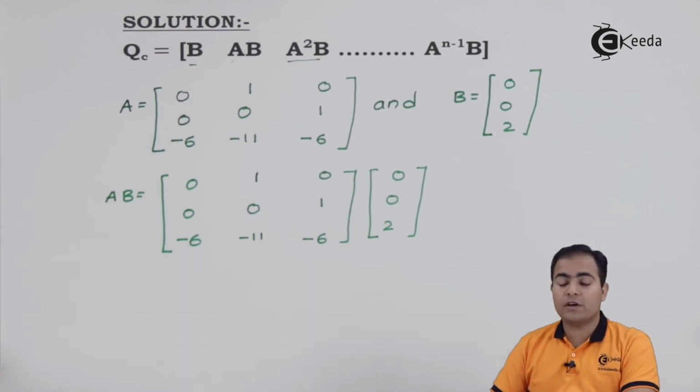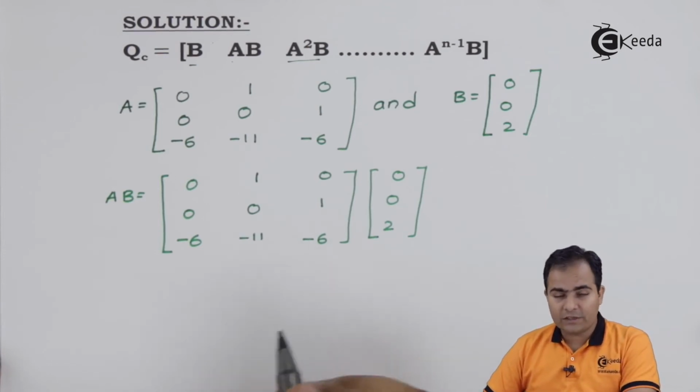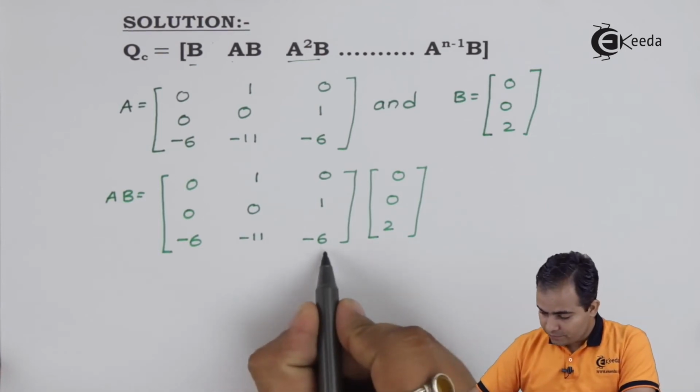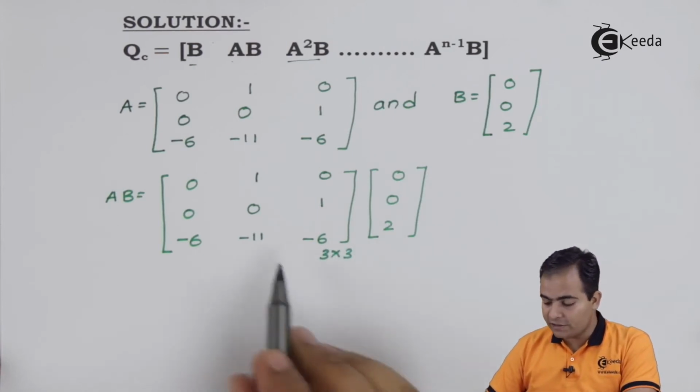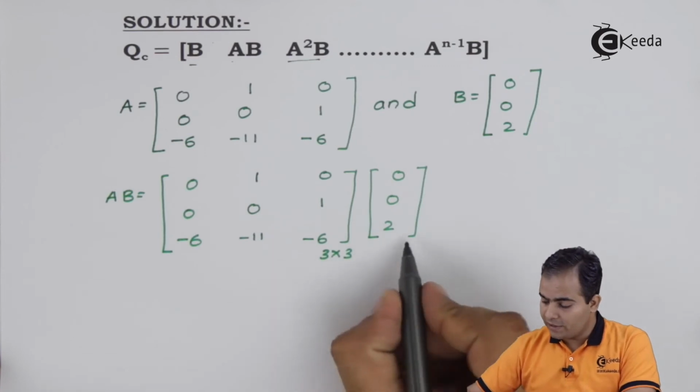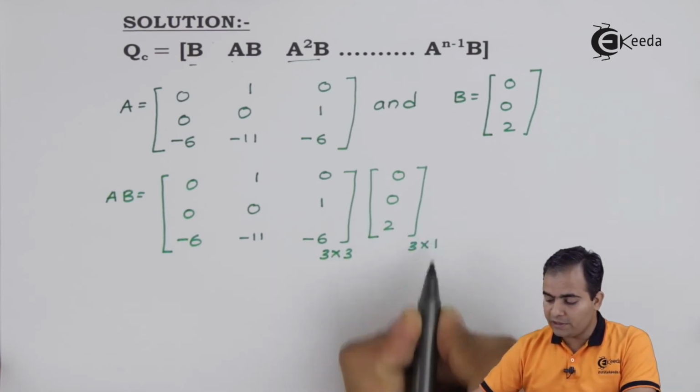But how many rows and how many columns will there be? As I told you in the last numerical also, this matrix is a 3 by 3 matrix, that is 3 columns and 3 rows, and here we have 3 rows but a single column.